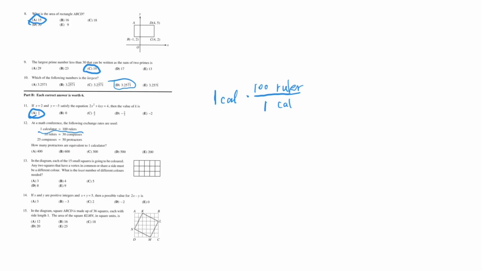Now I can cancel the calculator. And then we need to cancel the ruler. So we put the ruler, so that's 10 rulers equal to 30 compasses.